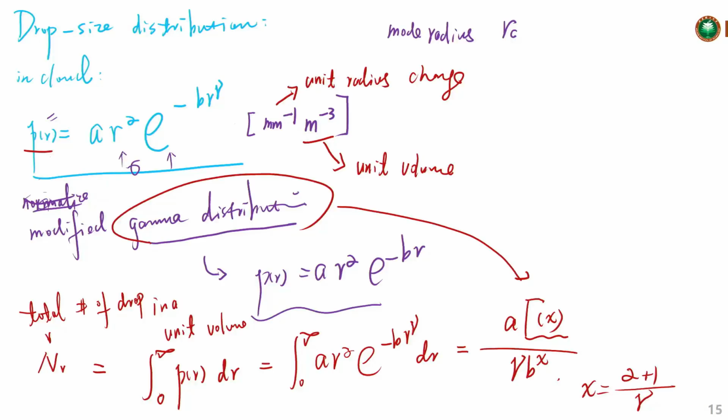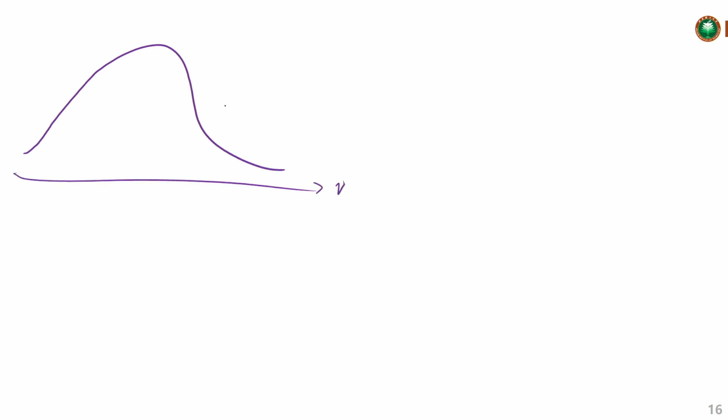When we look at the measurements for the drop size distributions, it follows a function like this, n(r). So rc corresponds to the maximum of this point. When n(r) equals maximum, the corresponding radius is called the mode radius.